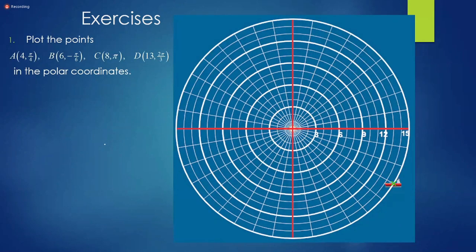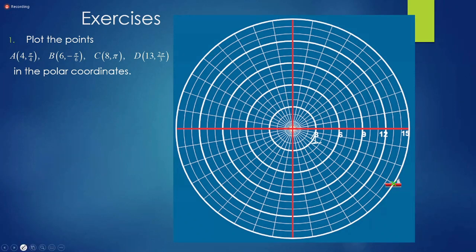All right, more plotting. So 4 pi over 4. Pi over 4, remember that's 45 degrees. I will leave these numbers as they are.